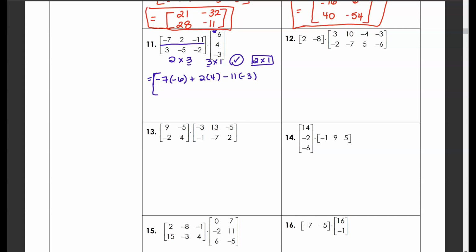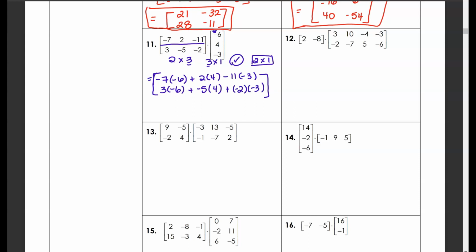And then notice, because I don't have another column, that's kind of the end of that top. So now we're left with the bottom, which would give us 3 times negative 6 plus negative 5 times 4, and then plus negative 2 times negative 3.